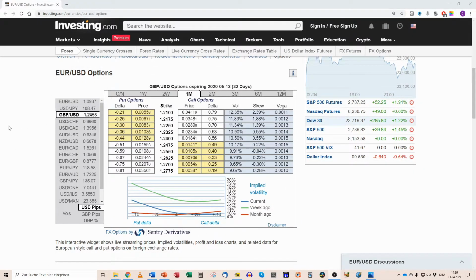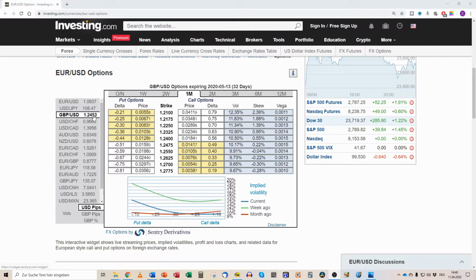We have here prices for options, all kinds of options, euro against the dollar, US dollar against the Japanese yen, and so on. Let's look at the pound sterling against the dollar, where the spot rate is about 124.53. So that is dollars per 1 British pound.